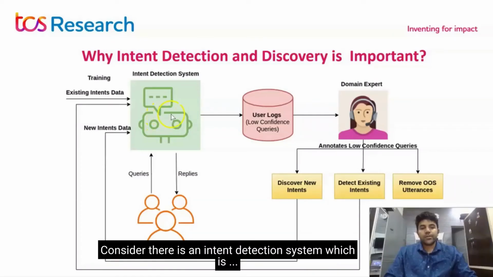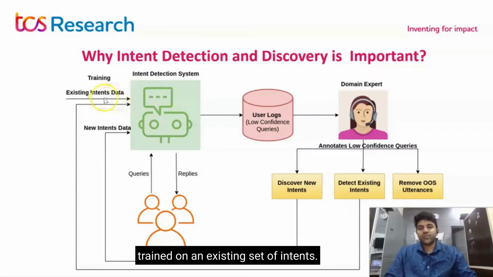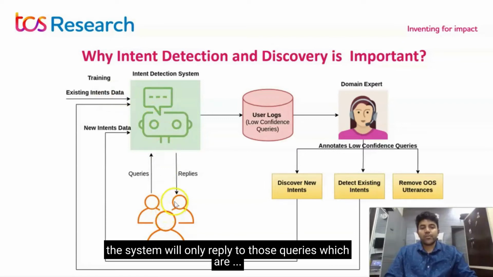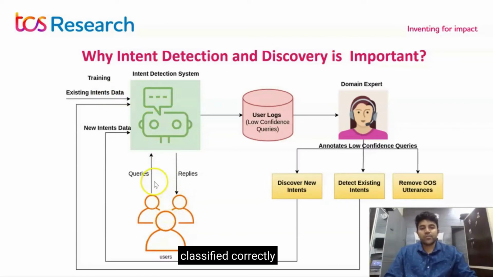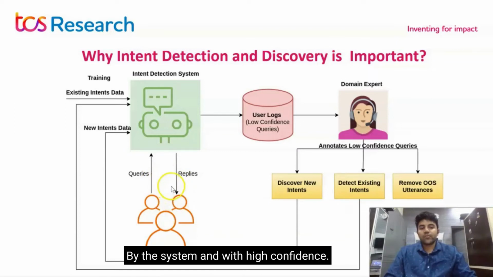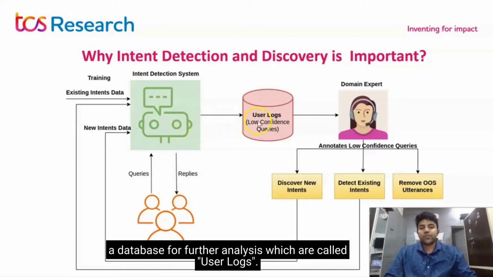Consider there is an intent detection system which is trained on an existing set of intents. Now, when users interact with the system, it will only reply to those queries which are classified correctly and with high confidence. The low confidence queries will be saved to a database for further analysis, which are called user logs.